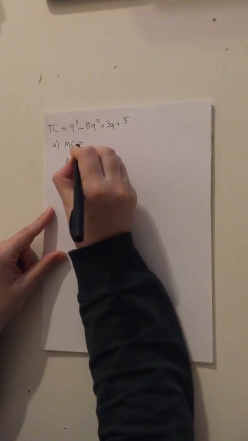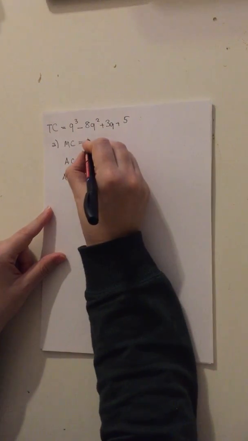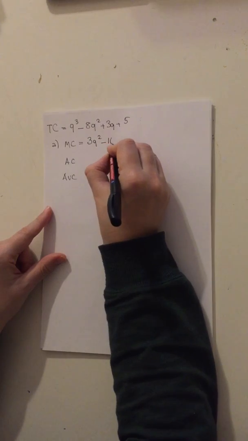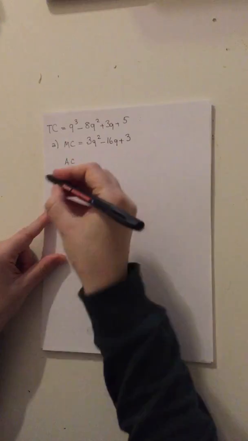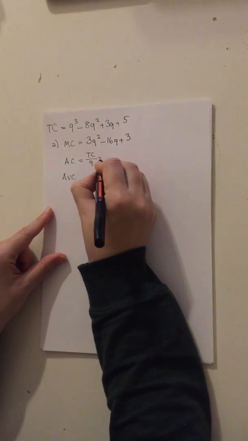At question A, it asks to find marginal cost, average cost and average variable cost and sketch them on a graph. It's the easy one. The marginal cost is the first derivative of the total cost function, so 3q squared minus 16q plus 30 is the marginal cost function. Average cost is total cost over q.